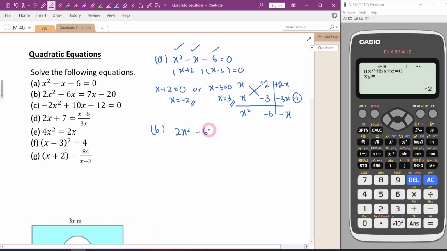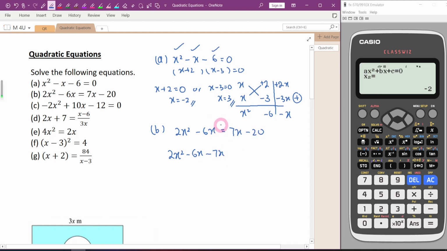2x squared minus 6x is equal to 7x minus 20. Okay, so this is not in general form. What I'm going to do is to rearrange all the terms, write this in general form first, then only we start to do the factorization. 2x squared minus 6x minus 7x, positive 7x, move to the other side, it becomes negative.